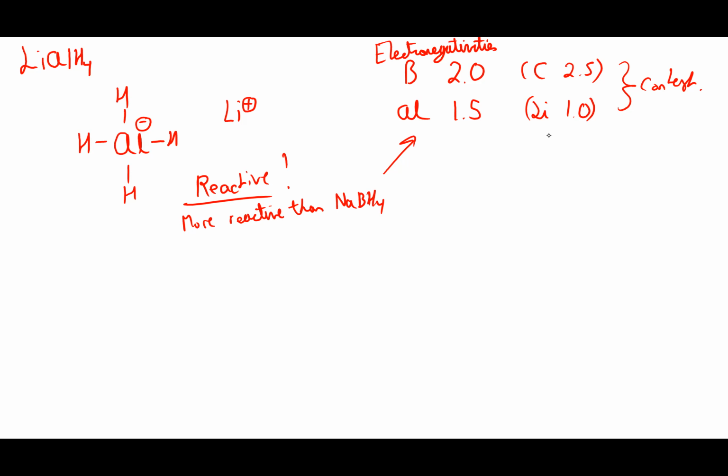And what did I do? Did I just delete the entire slide? No, I didn't. Good. There's no silicon anywhere here. I just wrote context, and I didn't write any neater. There, the cursive is better. So just comparing, boron is a little less electronegative than carbon. Aluminum is a little more electropositive than lithium.